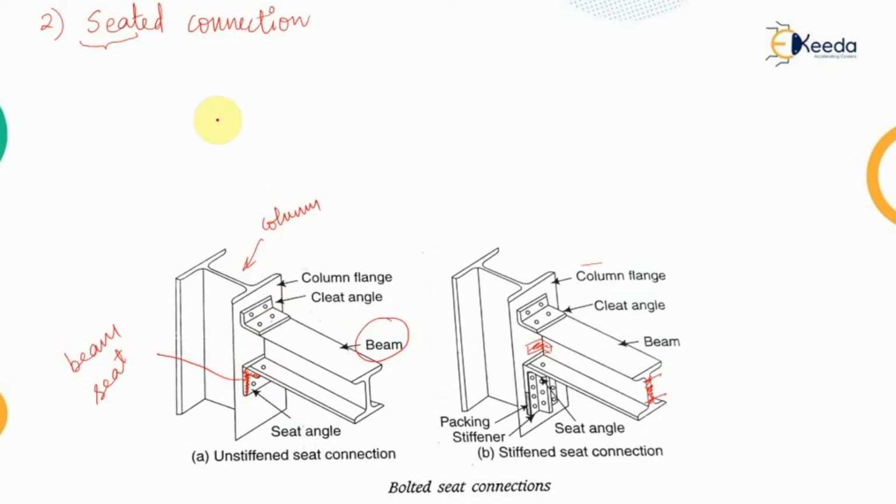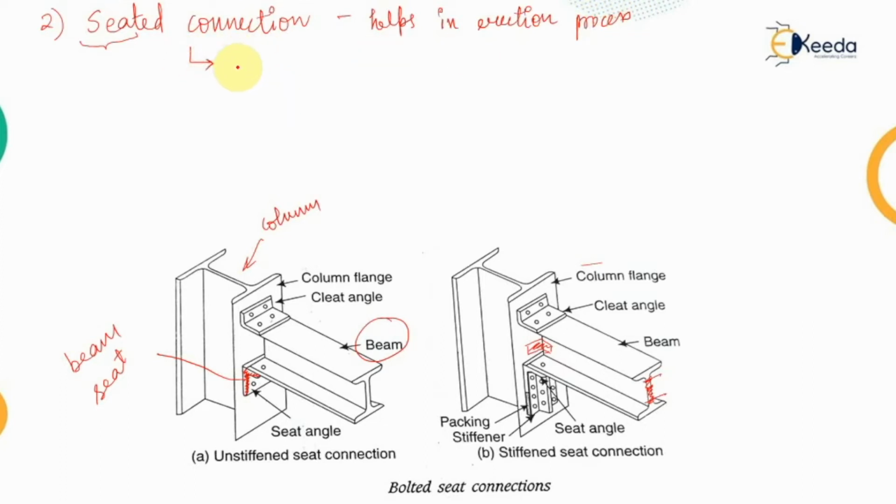So that is one advantage of the seated connection, that it helps in the erection process for the beam to column connection.